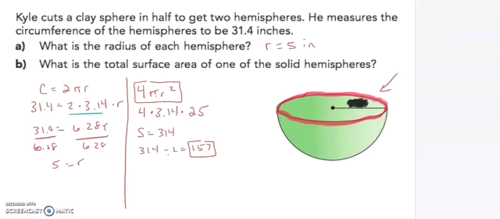Because the 157 represents all this part. It represents this curved part, all the way around.